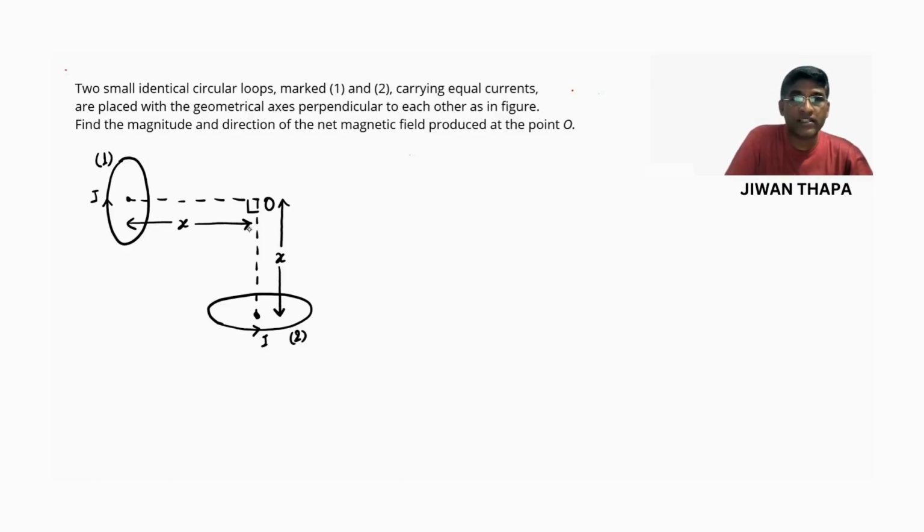So we are asked to find the total magnetic field, in magnitude and direction, due to coil or loop 1 and 2 at point O. And from the question, we have identical loops 1 and 2.